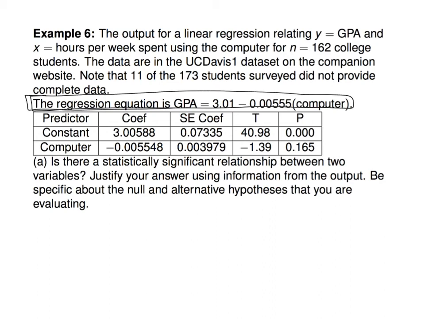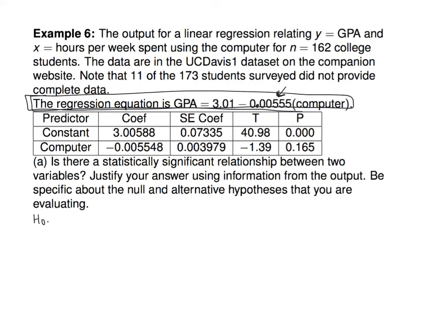Now the question is, this slope, like that's a number that's awfully close to zero, but how close to zero do you have to be before you're close enough to be not statistically significant? So, is there a statistically significant relationship between the two variables, and justify your answer using information from the output. Be specific about the null and alternative hypotheses that you're evaluating.